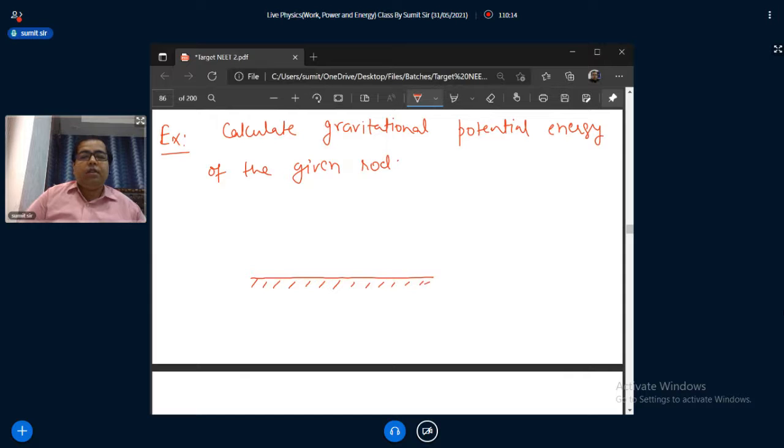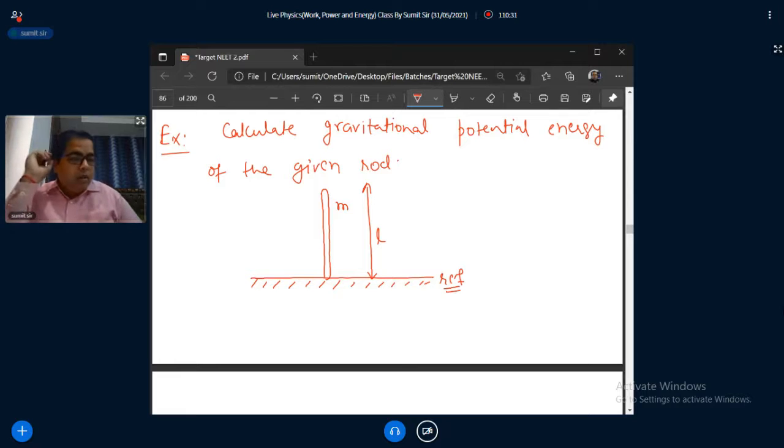You have this surface, and you have this rod of length L, mass M. Supposing this is your reference point, and with respect to the reference, calculate the gravitational potential energy of this rod. What is the value of the gravitational potential energy?